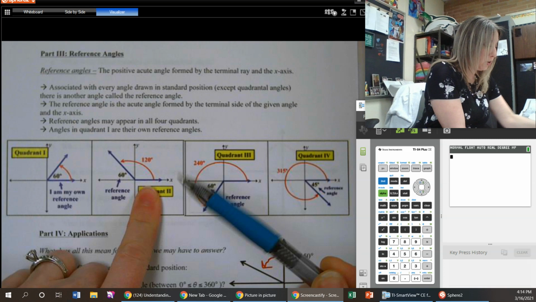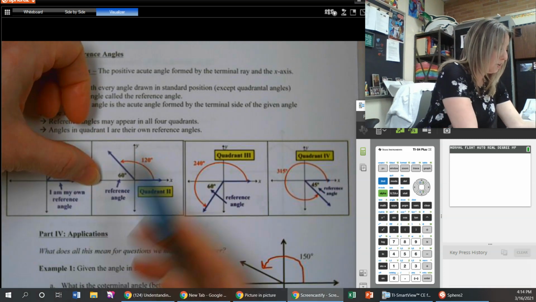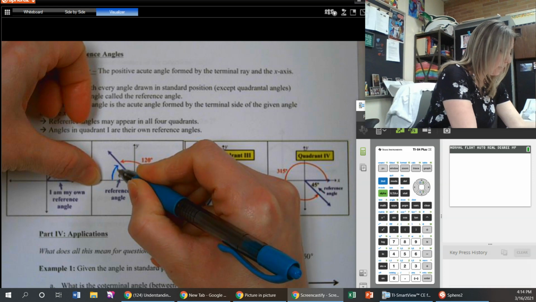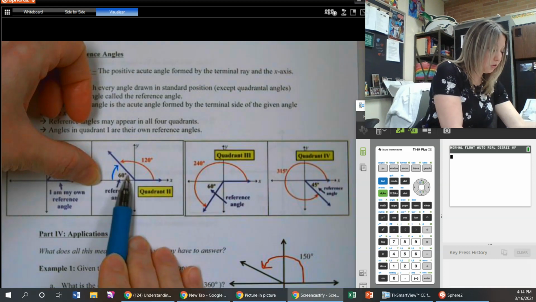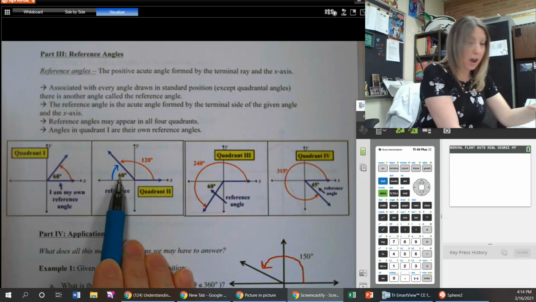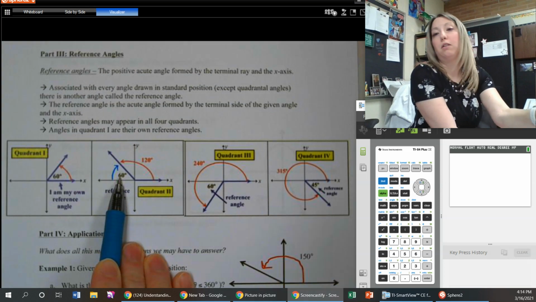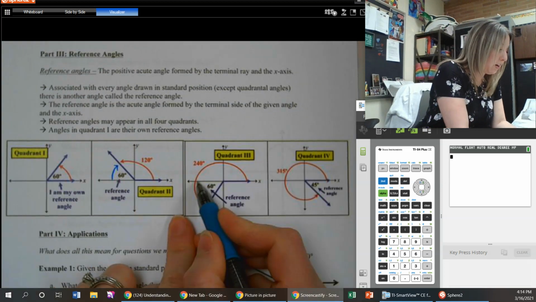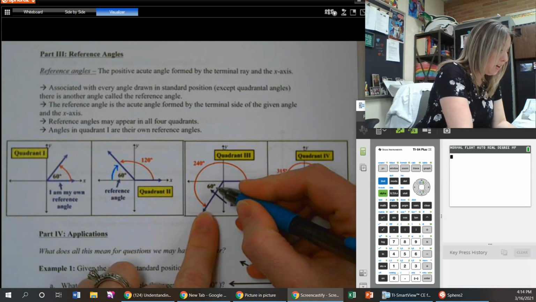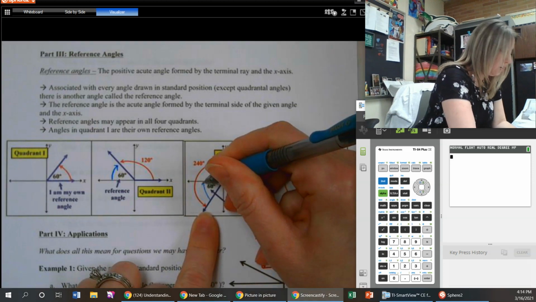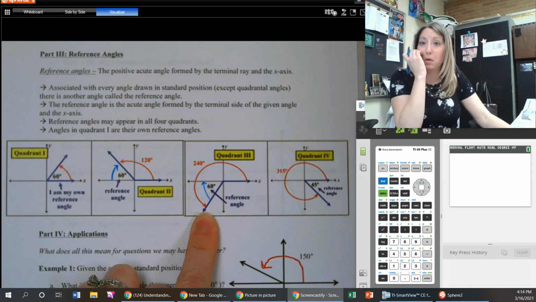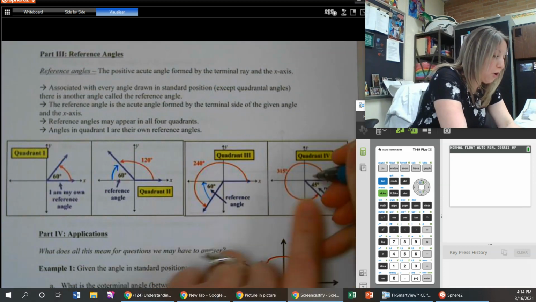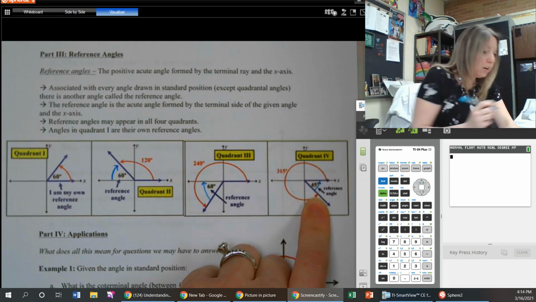Quadrant 2's reference angle will be right here. From here to here is its reference angle. I want to know this degree measure right here. That will help me understand my coordinates. The reference angle is always from the x-axis. Here to here is the reference angle. It always heads back to the x-axis. And then from here to here is the reference angle.